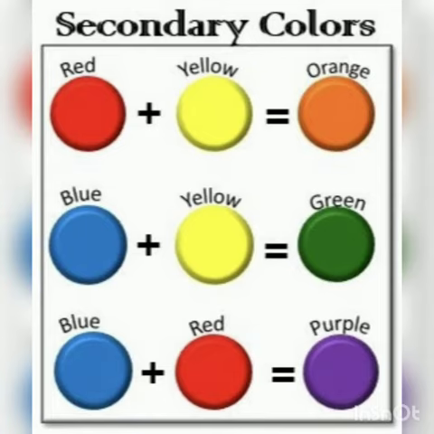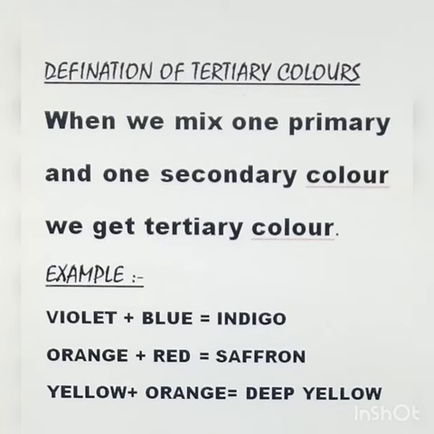Similarly, on mixing red and yellow, we will get orange color. So, this is clear that secondary colors are also 3 in number like primary colors, that is violet, green and orange.